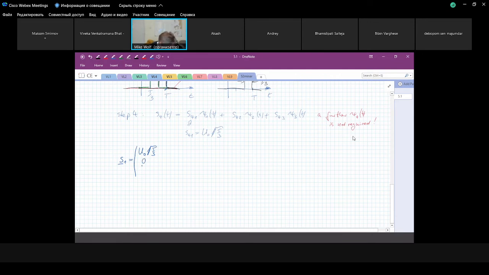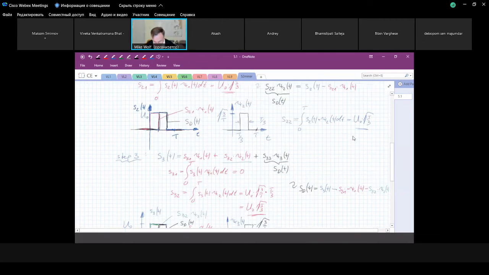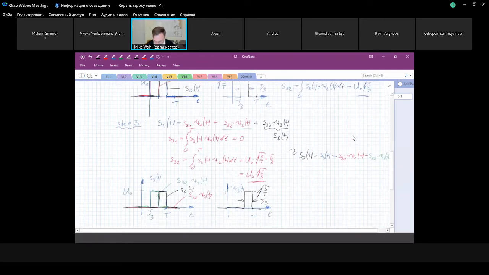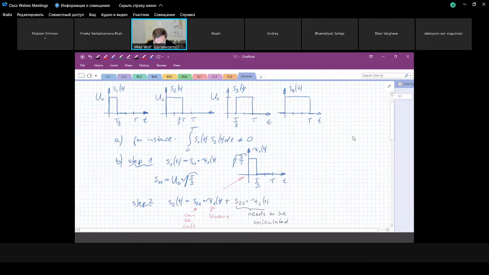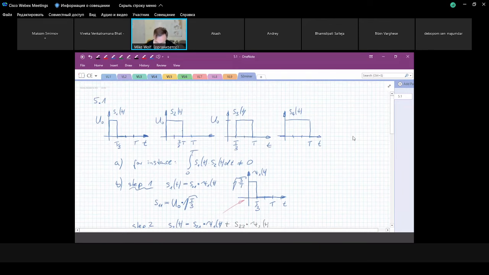We don't need the other basis functions. Then S2 in our example was just this, u naught times this, u naught times this, and 0. So we don't need the third basis function to represent the second signal. Of course, the third basis function and the second signal are orthogonal because the third basis function is just at this position.